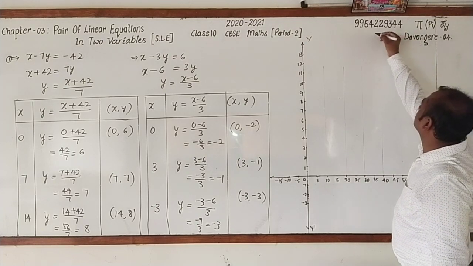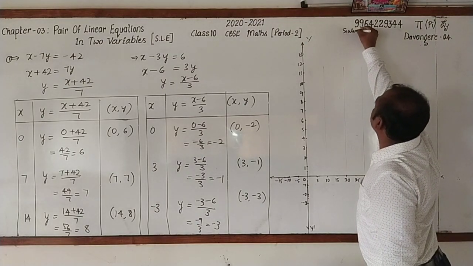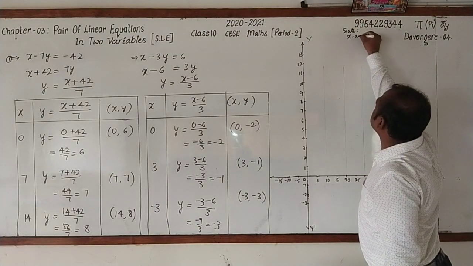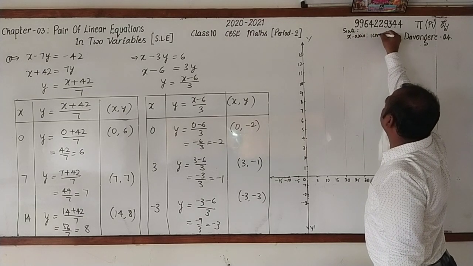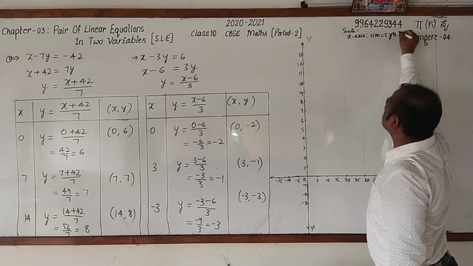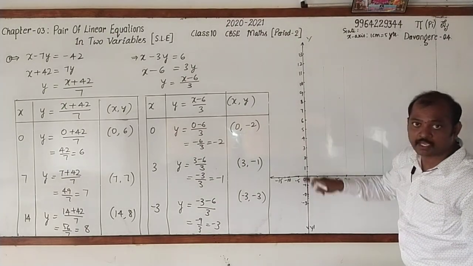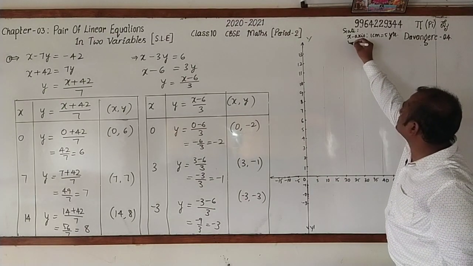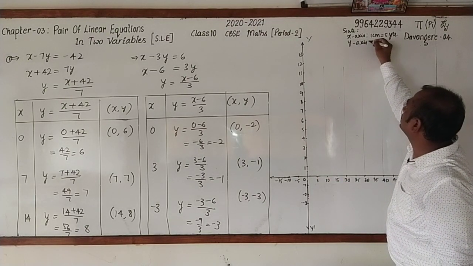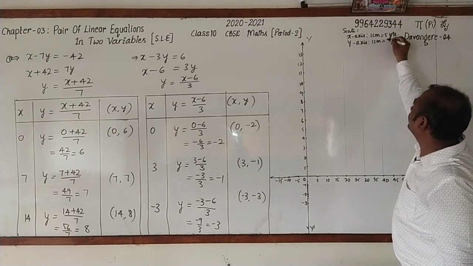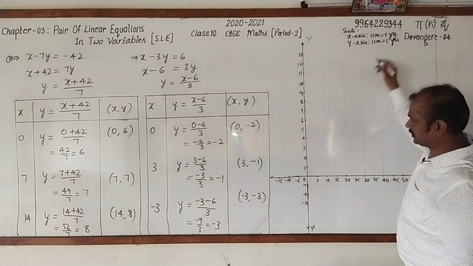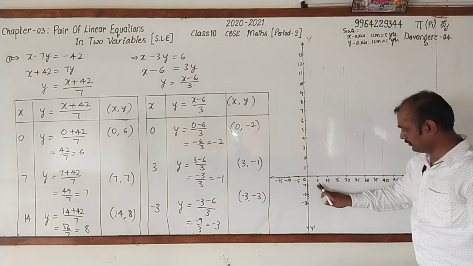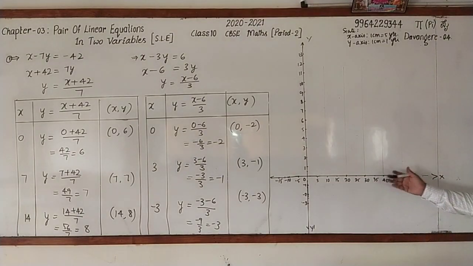Here I will write scale. X-axis 1 centimeter equal to 5 years. What about y-axis? In y-axis 1 centimeter is equal to 1 year. Observe 1, 2, 3, 4. Here 5, 10, 15, 20 and so on.